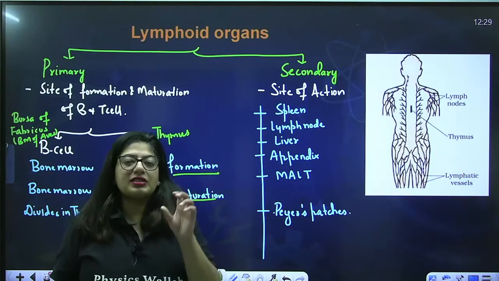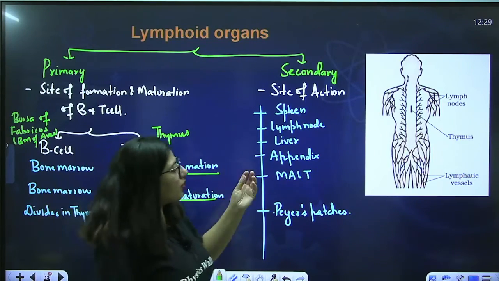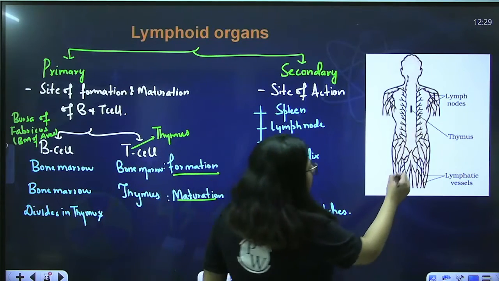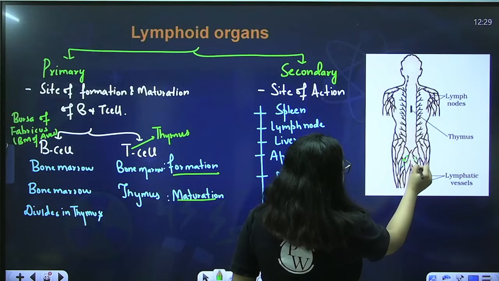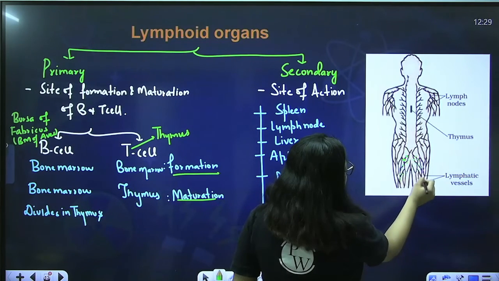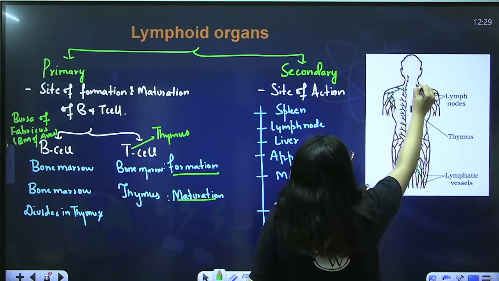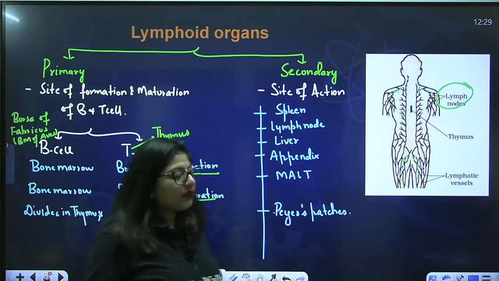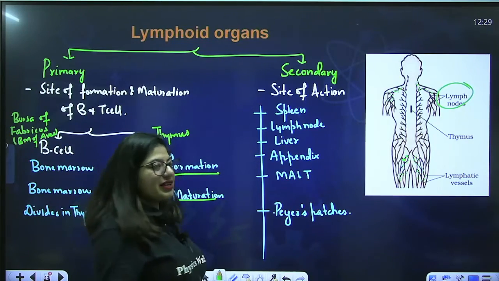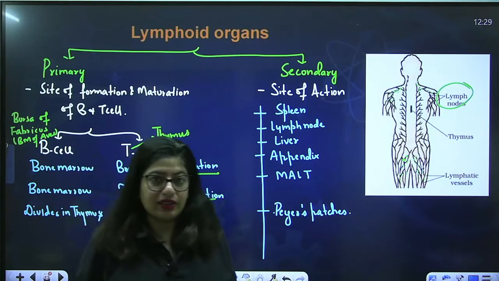Spleen is the organ present behind the stomach. We will discuss that in detail. Lymph nodes are small nodule-like structures. They are present in the groin region, that means in between the legs, and move downwards towards thighs. And also they are present around armpits and the neck region. So all these are lymph nodes, as you can see. Then we have liver and appendix. Yes, they also act as secondary lymphoid organs because they have macrophages in them.